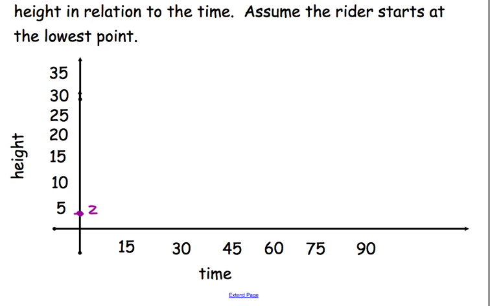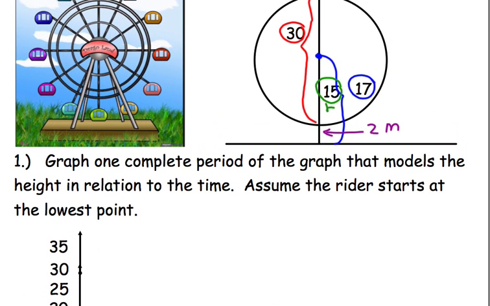Then, you know that it takes 60 seconds to go around the Ferris wheel, right? 1 revolution. So let's go back up to here. So if here I am, and we say the Ferris wheel comes to here, a quarter of the way, how much time has gone by? 15 seconds.